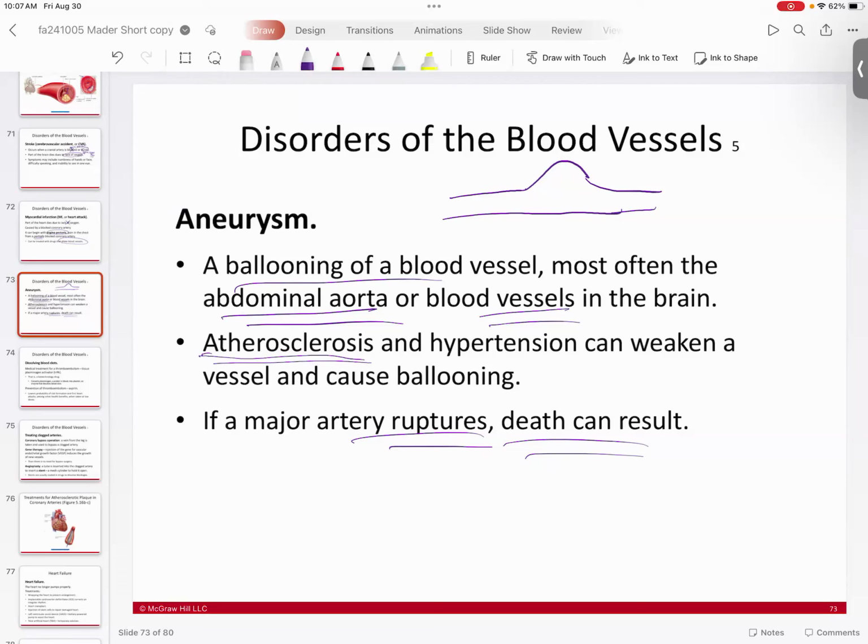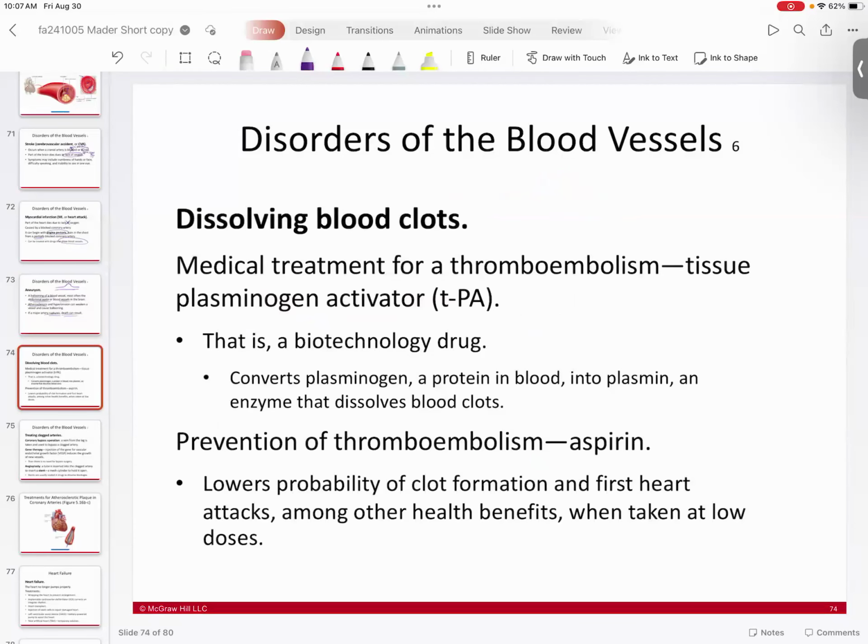It weakens the arterial wall, which causes it to bulge, and then it becomes a problem. Or hypertension can also weaken the blood vessel because of chronic wear and tear on it, and that can cause an aneurysm as well. And then ultimately, the final piece of that is the rupturing of the wall itself.